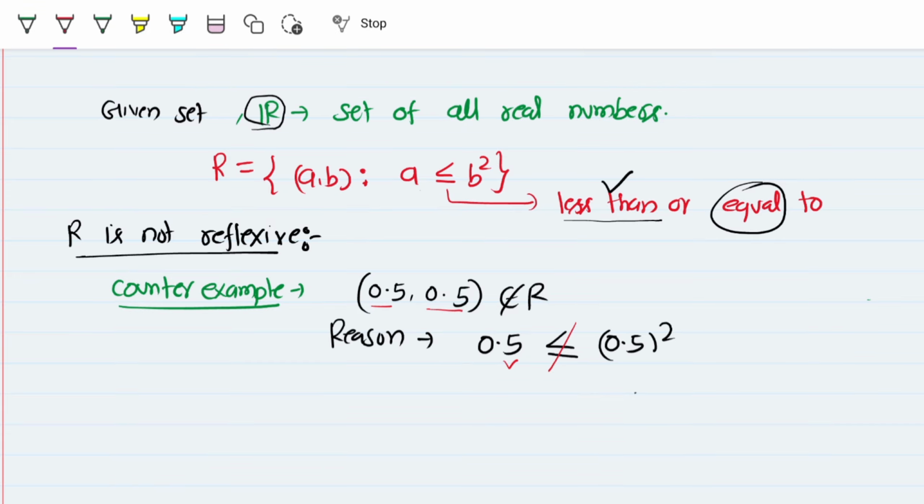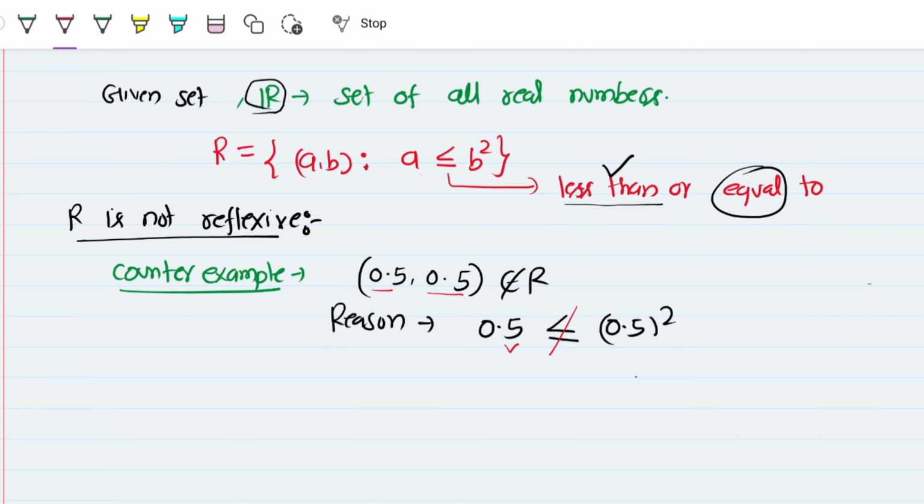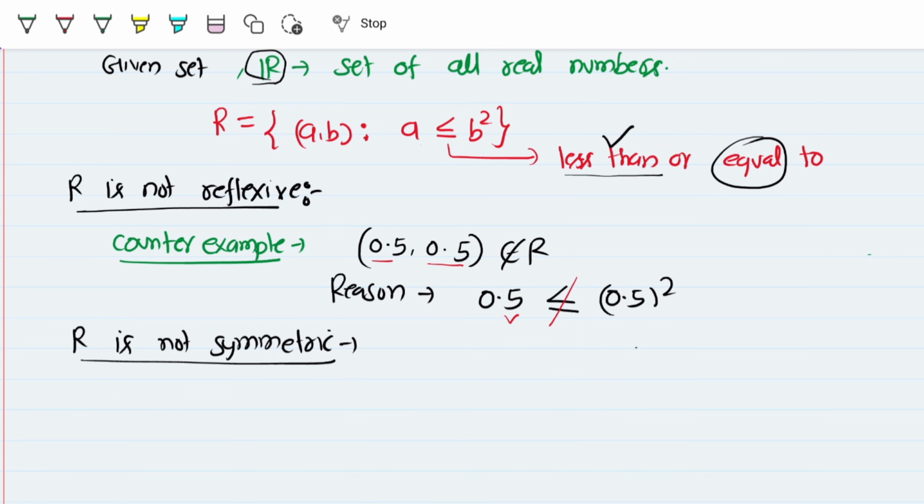Now, R is not symmetric. So think of a counterexample. Suppose you take (1, 2). (1, 2) belongs to R, correct, as 1 is less than 2 squared.